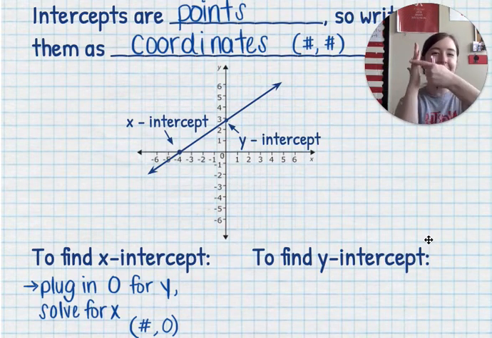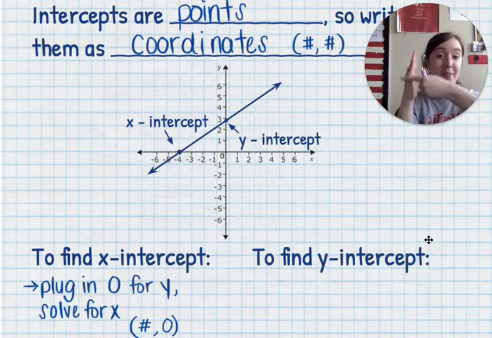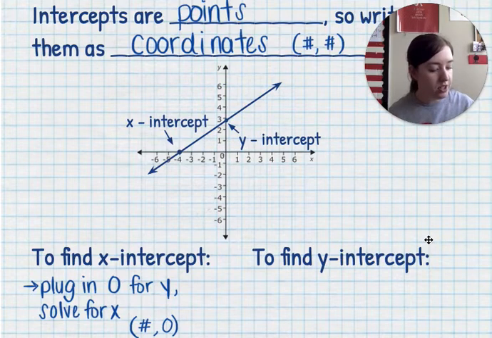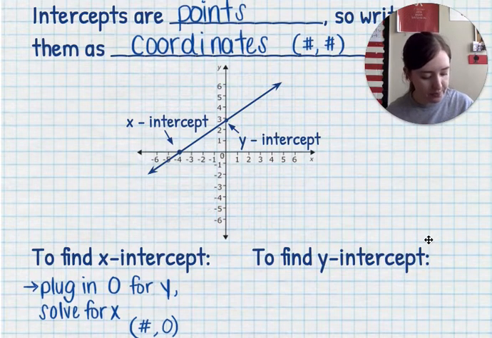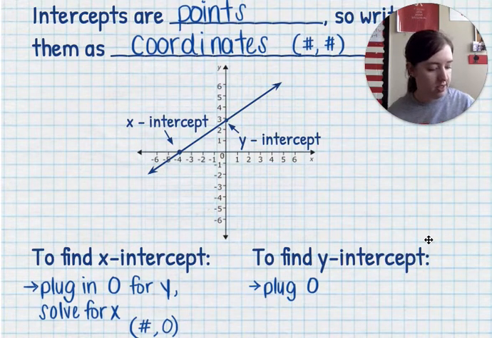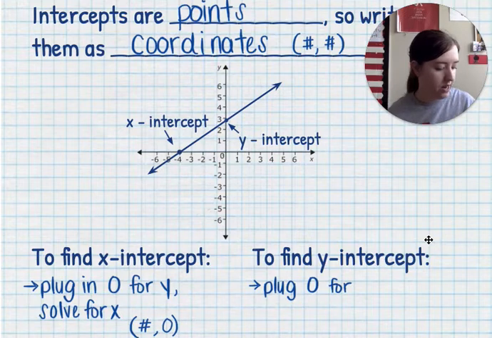All right, now same idea for that y-intercept. So all along that y-axis, y can be anything it wants to be, but x has to be 0. So to find the y-intercept, we are going to plug in 0 for x, and then solve for y.